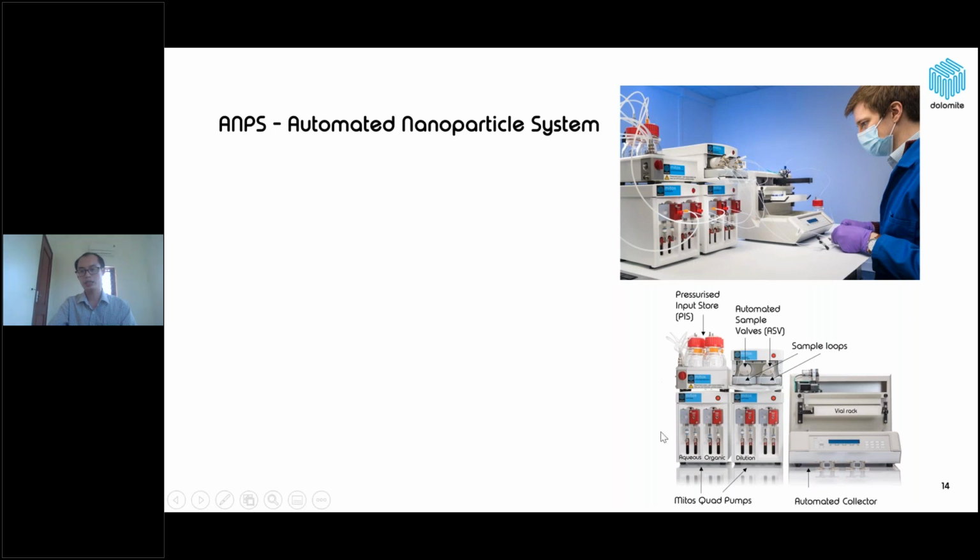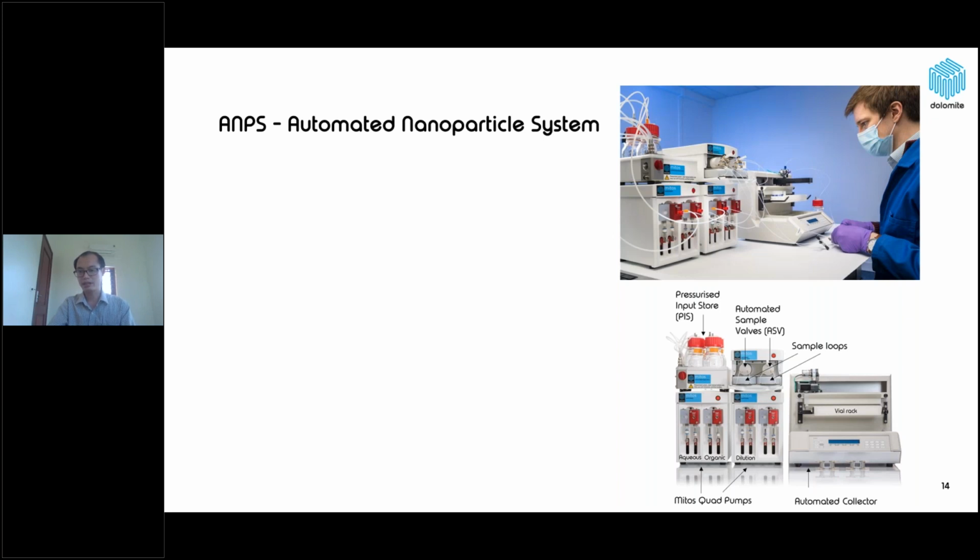Here is basically how the system looks. It includes two quad syringe pumps with four independent channels that can work independently, and we have a pressure input store for the reagent containers, and the ultimate sample barrel with the sample loop to introduce a small amount of reagent for the applications.